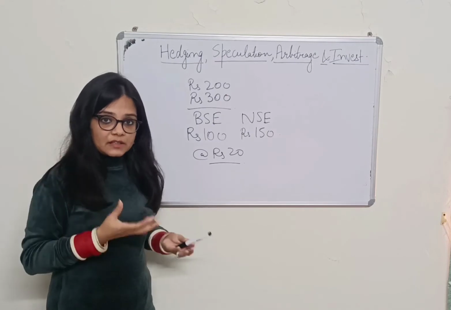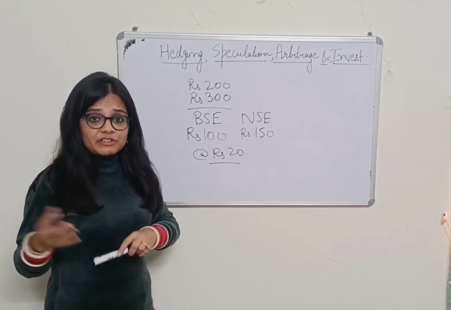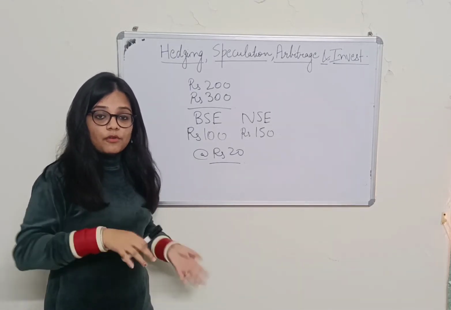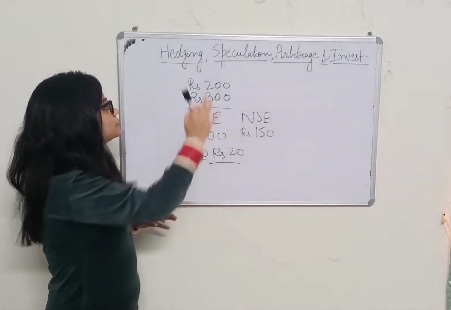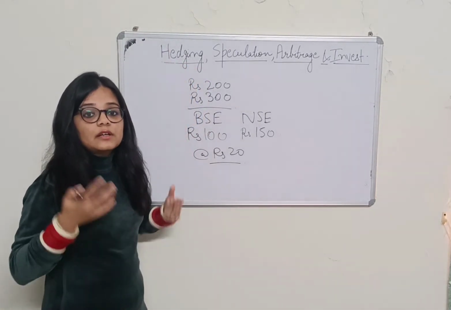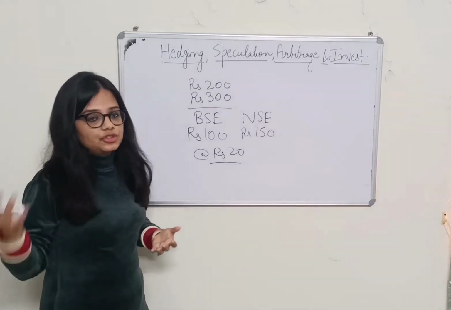So in order to protect themselves, they can enter into a forward or futures contract and decide the price today, right, for the future. So this is hedging. Hedging means protecting oneself from the risk that can happen in future.